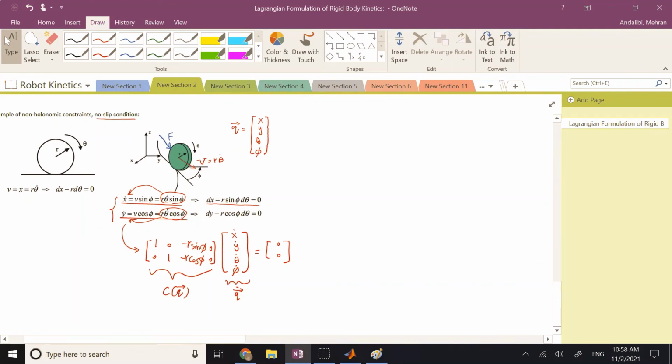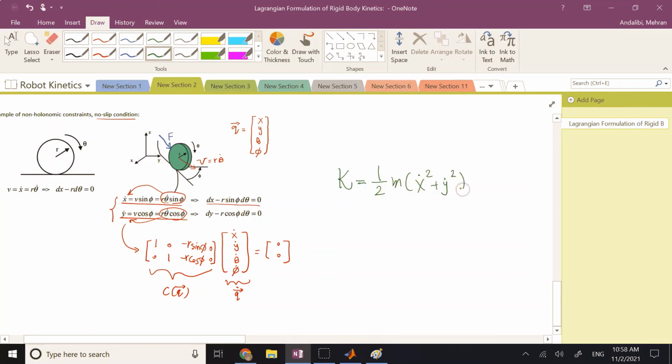Now we go and calculate the kinetic energy, the potential energy, and the Lagrangian. Kinetic energy K: this guy does move in the x and y direction, or it has this velocity v, right? But if you want to use the x and y, since the centroid has x dot and y dot components, it is going to be 1/2 times mass times x dot squared plus y dot squared.